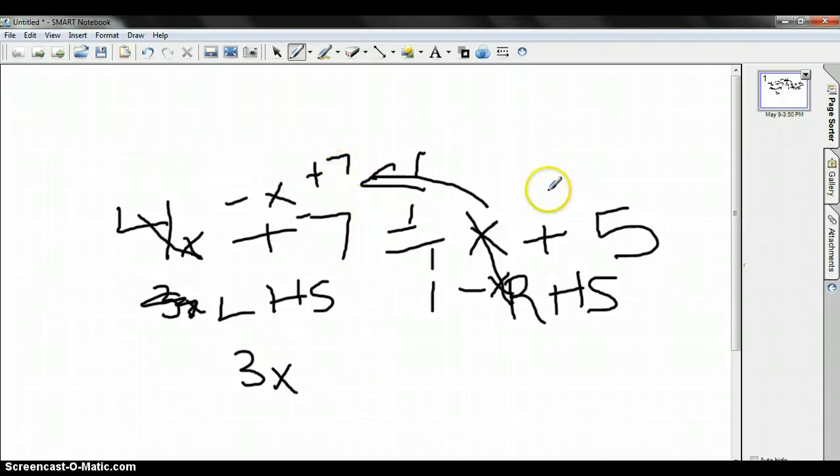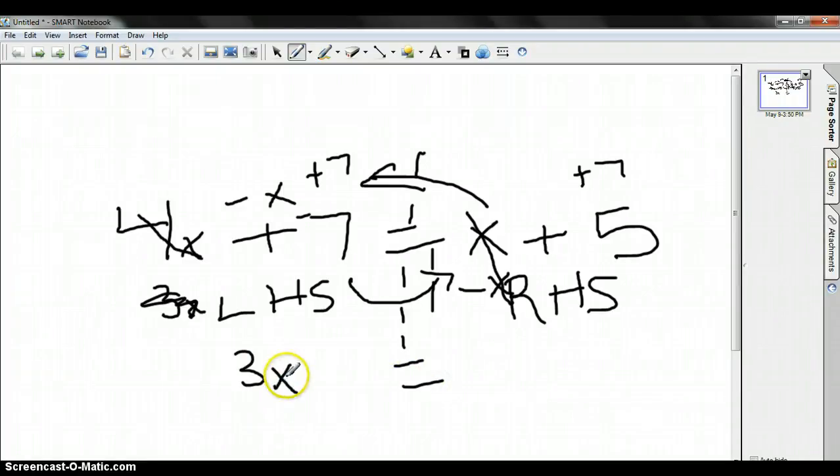What I do to one side, I have to do to the other. Now I have my 3x over here, and my negative 7 isn't there anymore because I added 7 to get it to the right-hand side. And I'm going to have 3x equals 12.